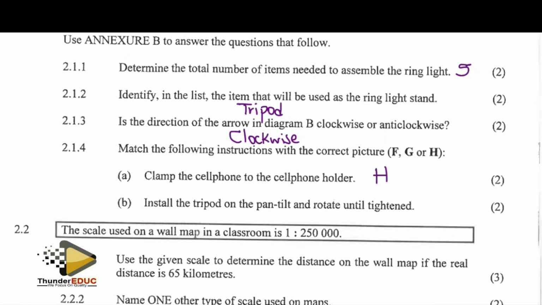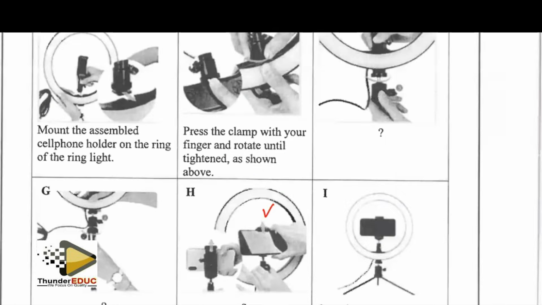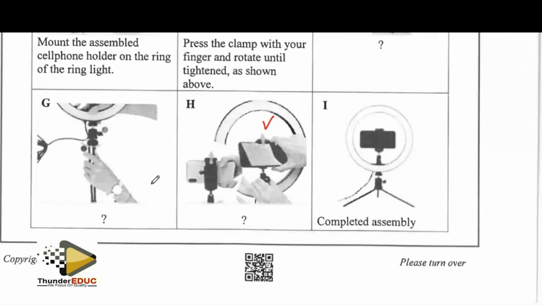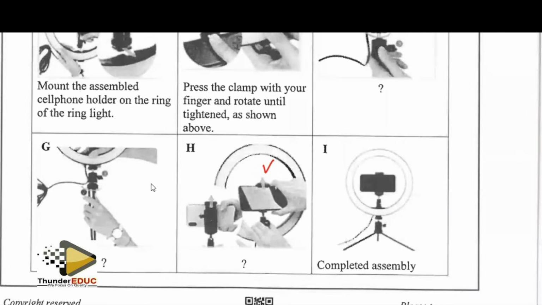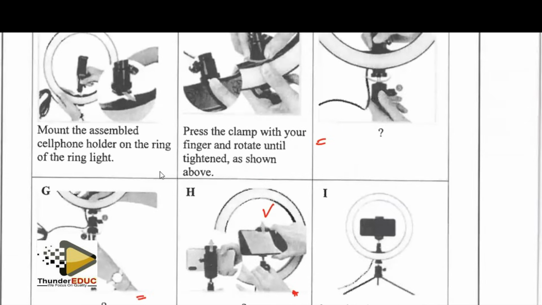Install the tripod on the pan tail and rotate until tightened. So we are looking for the tripod and the pan tail. Remember, we are using these options. This one is already taken, and this one. Of these 2 diagrams, which one has a tripod?